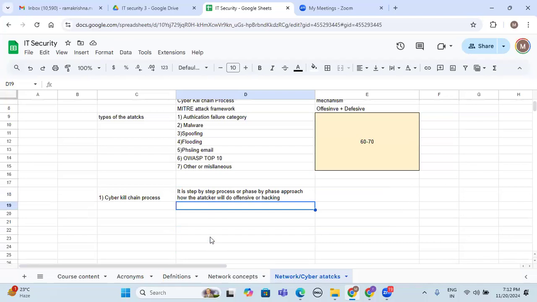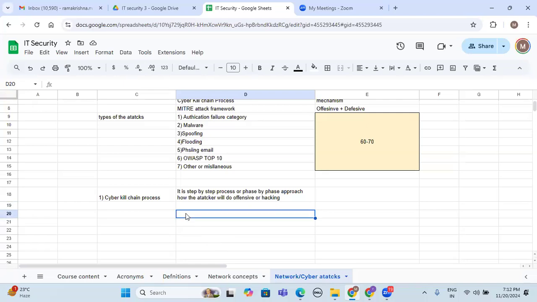This is not from our cyber security SOC operations, or endpoint security EDR operations, or firewall security operations, or cloud security operations and so on. We are the defensive side. But who will do hacking? Offensive people. So for that offensive mechanism, how to do hacking, the attacker will follow a couple of steps. That is called the cyber kill chain process.